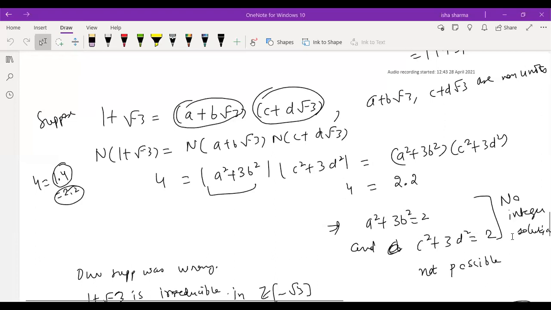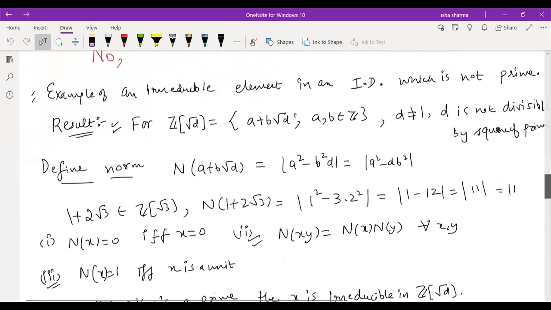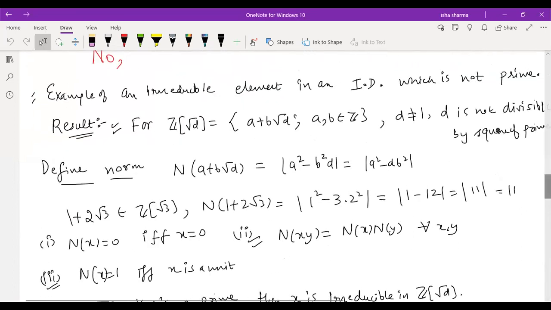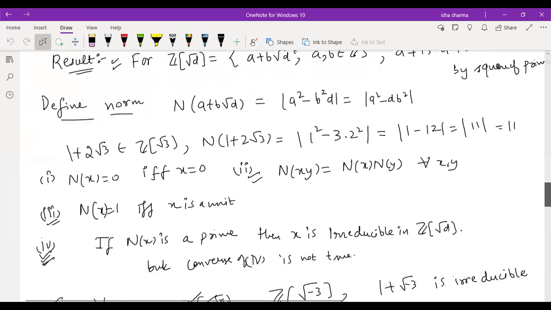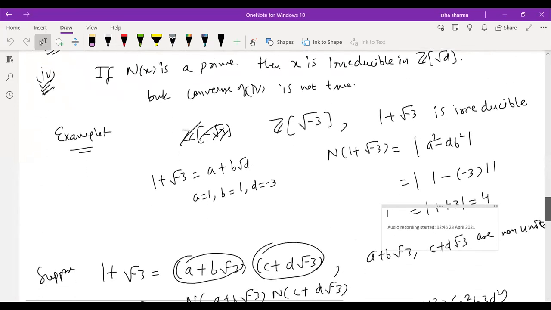For that, I gave you this example of the ring Z[√-3], and in this we found that the element 1 + √-3 is irreducible.